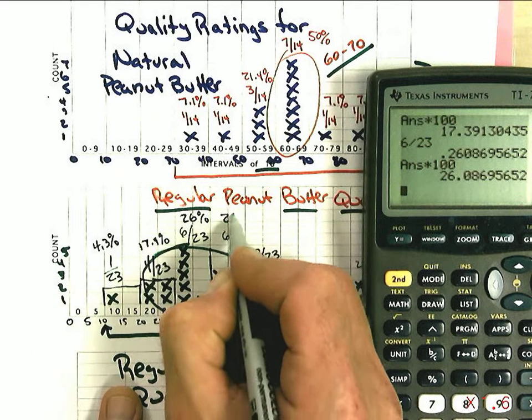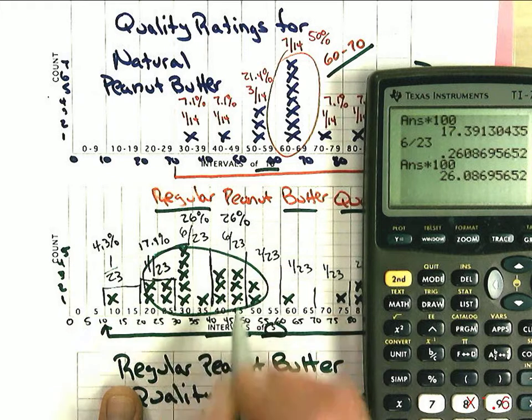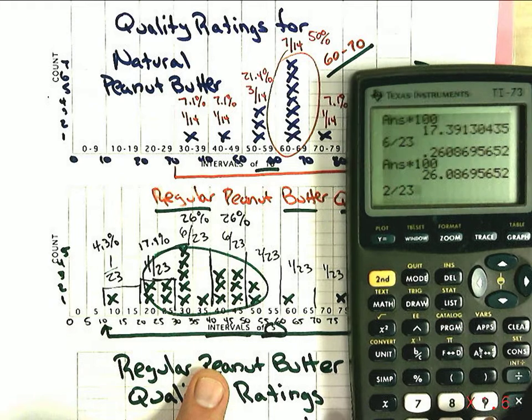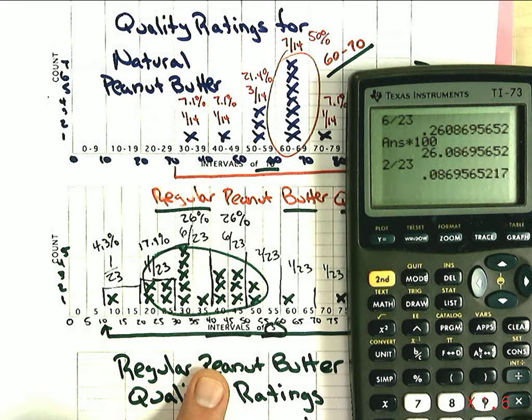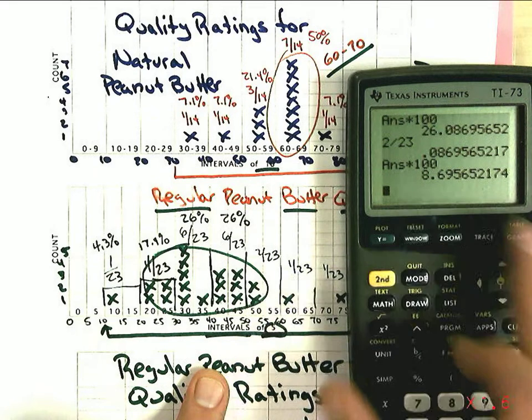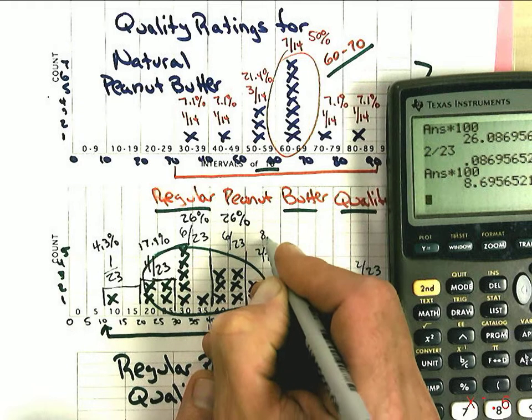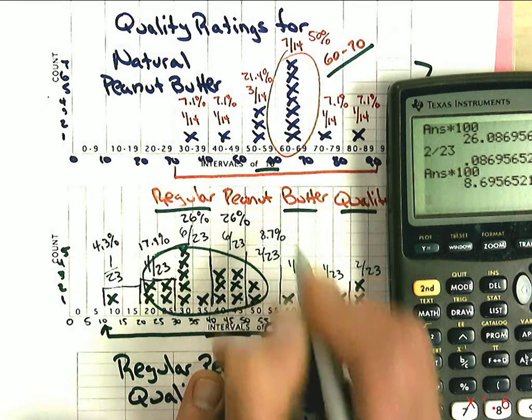Another 26% is in this section. And then 2 out of 23 looks like about 8.7%. We're going to end up rounding these off anyway when we put them in the chart.